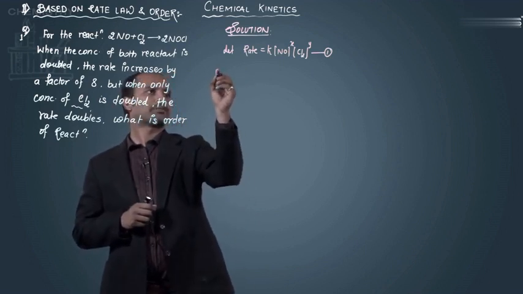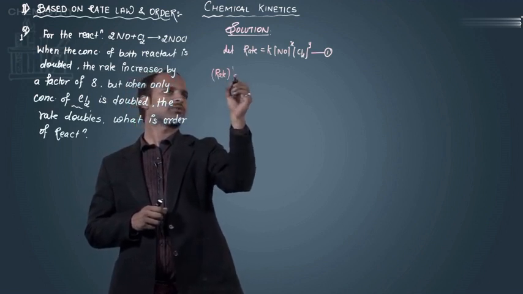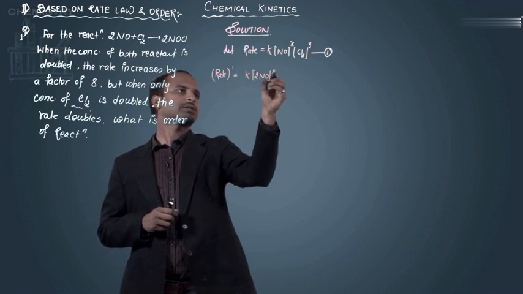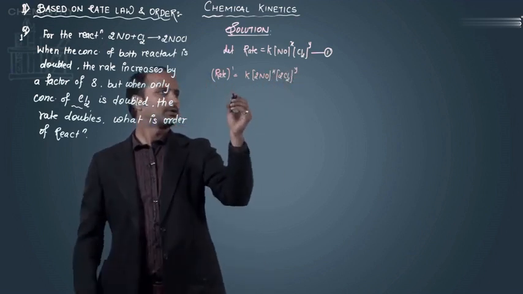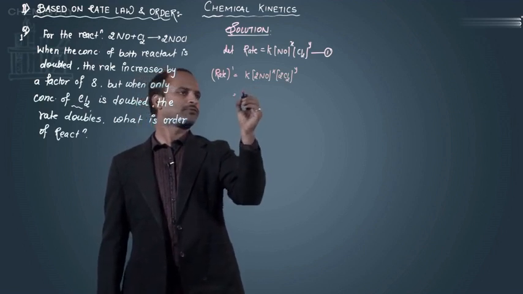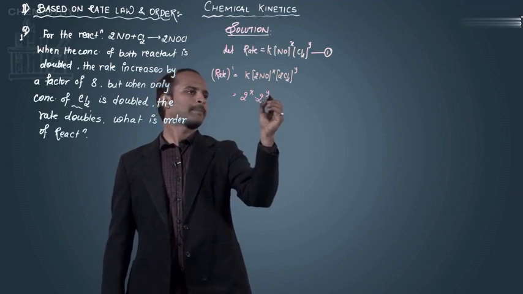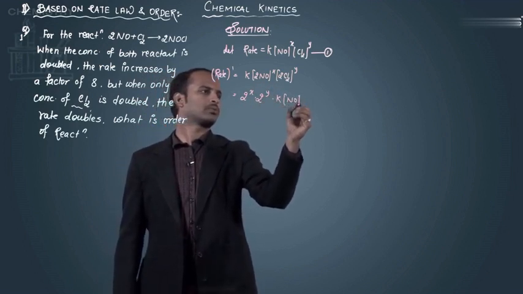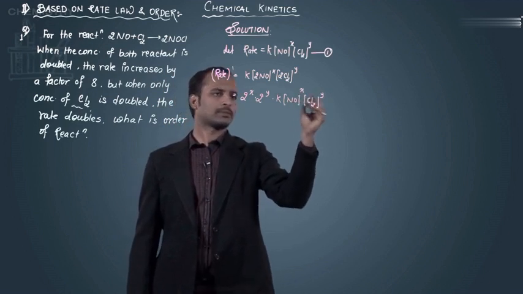So if it is doubled, the new rate, rate dash, is equal to K into 2 moles of NO raised to X and 2 moles of Cl2 raised to Y. So 2 will come out: 2 raised to X, 2 raised to Y, into K into NO raised to X and Cl2 raised to Y.